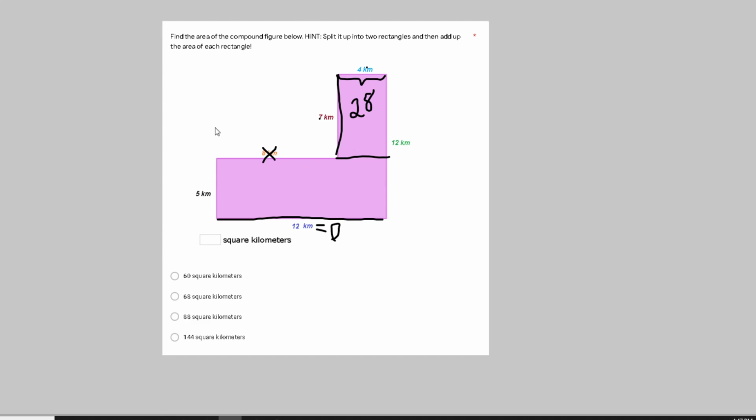We just want this, so that we can multiply the width and the length together to get the area of this bottom rectangle. Well, 5 times 12 is 60. And then the last step is to add up 60 plus 28. 60 plus 28 will give you 88 square kilometers.